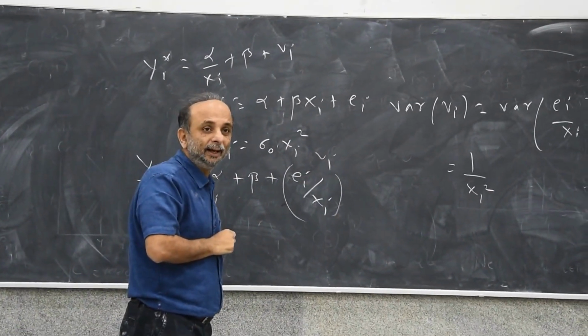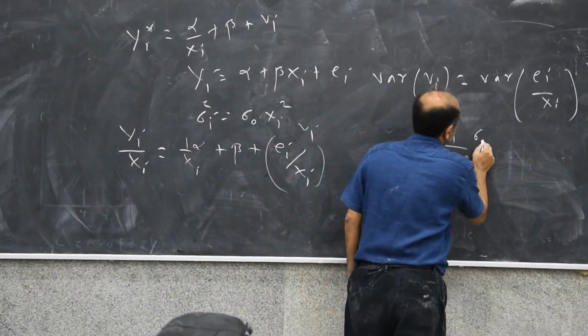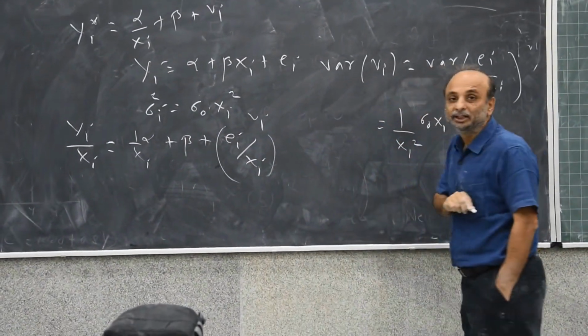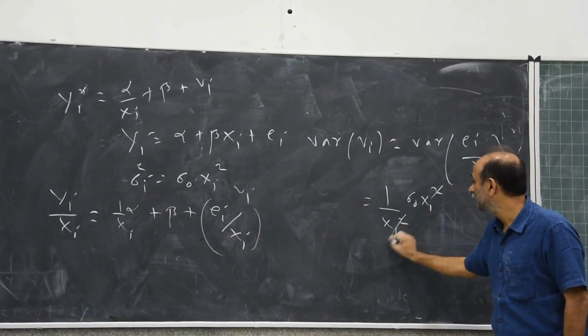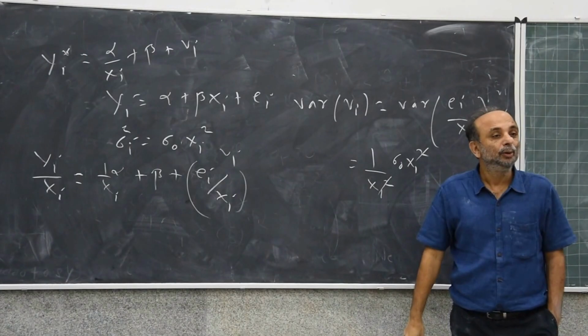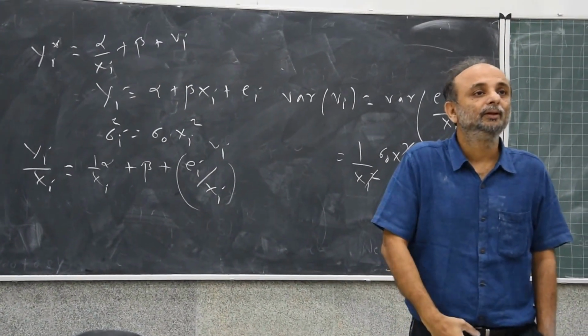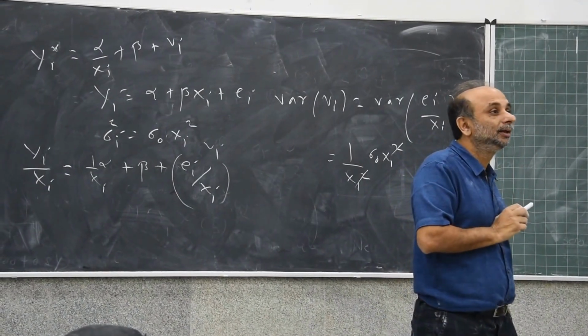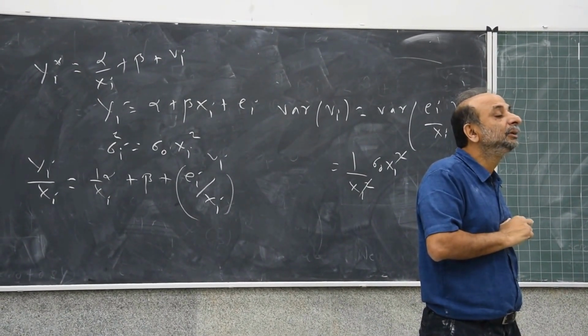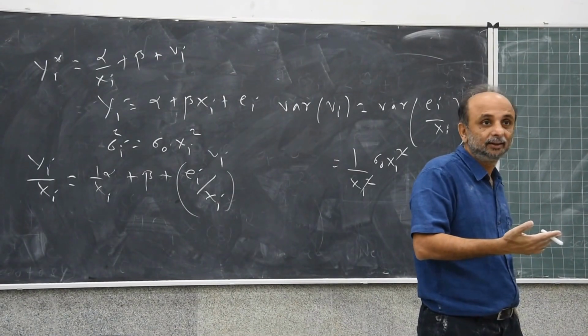But what is variance of ei? Sigma 0 xi square. This will cancel with this, and you are only left with sigma 0, right? So variance of Vi will be constant, and the regression will no longer be heteroscedastic.